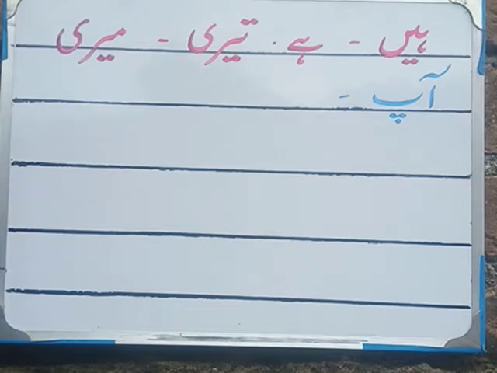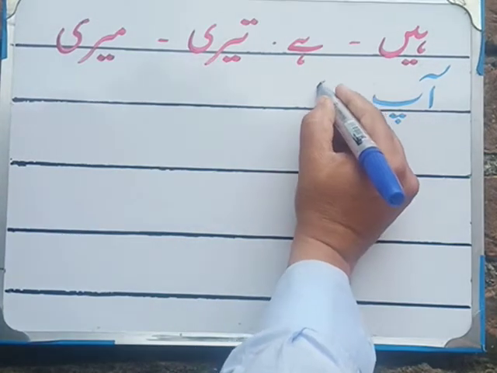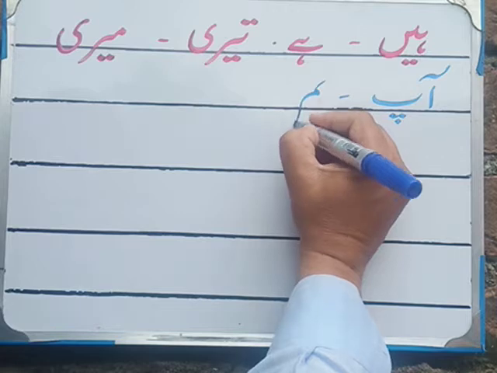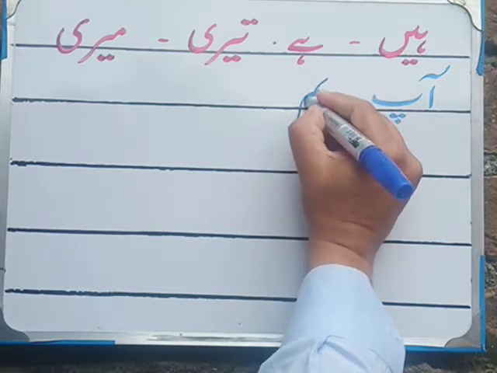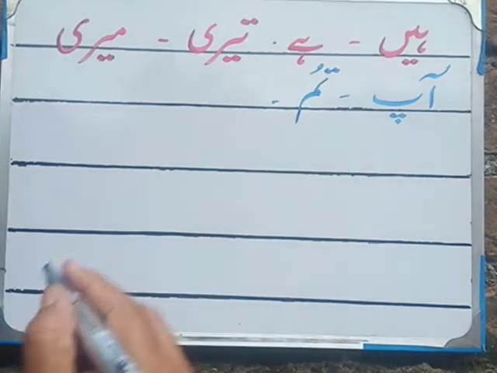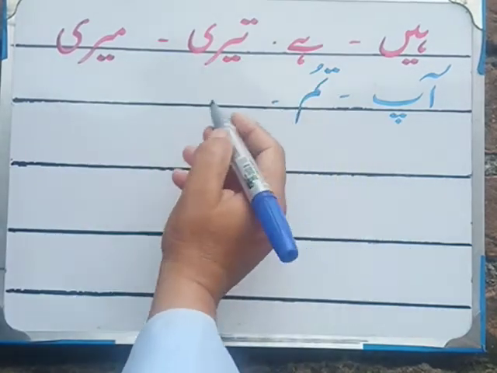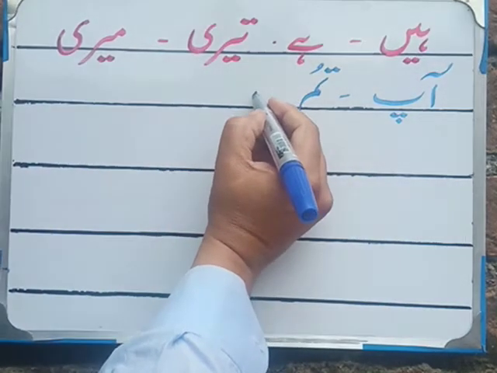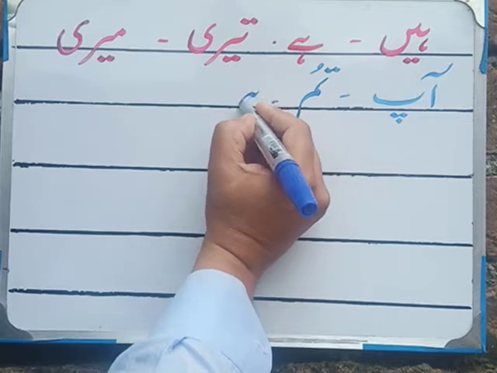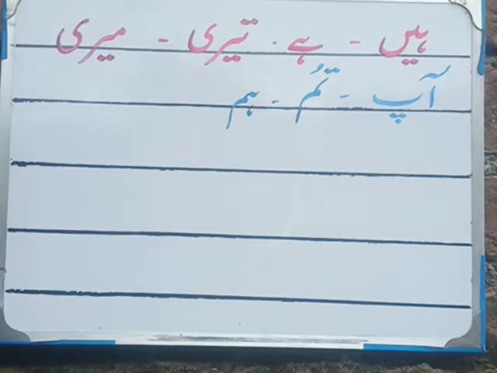This is used for plural, and the one used for singular is tum. This word is tum. It's used for only one person. This word is hum.